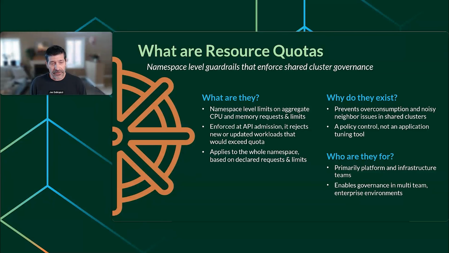And of course, cost as well. These are really for platform and infrastructure teams that want to be able to set this kind of governance, not really the app teams that are tuning a single service. This kind of comes in over the top very early as a quota and a governance enforcement point. That's very effective and something that we consider to be interesting and new in this space. We can go ahead into the next slide.